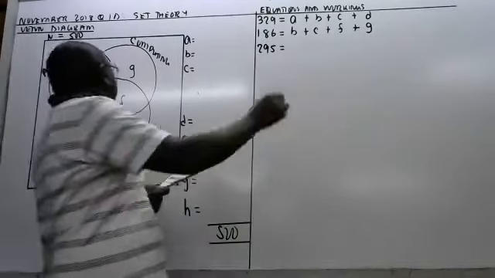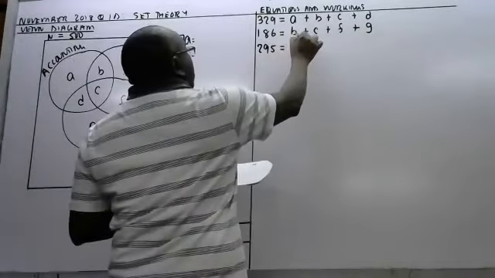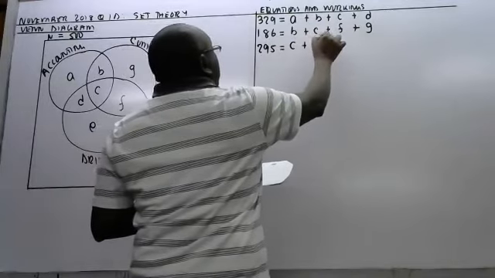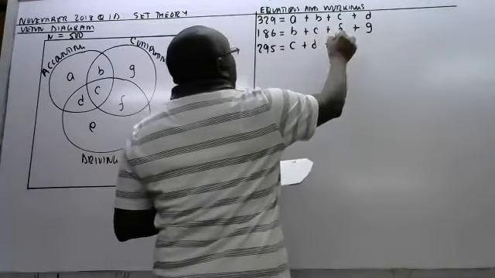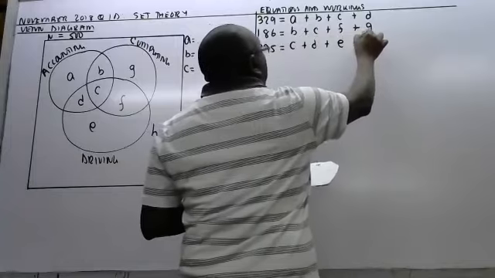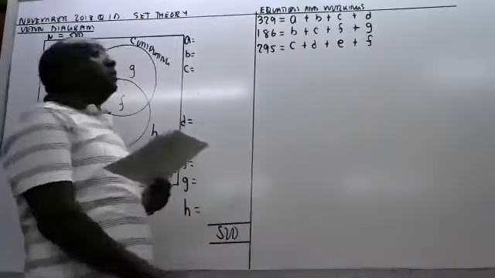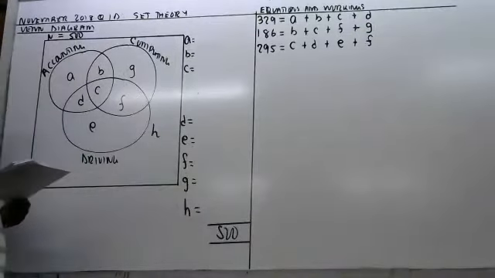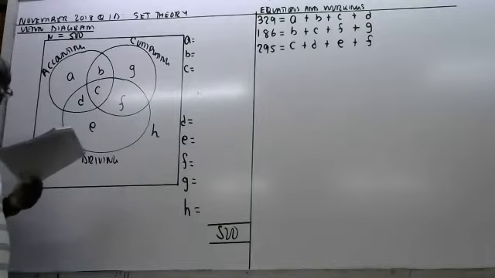So everyone who is inside there is C plus D plus E plus F.